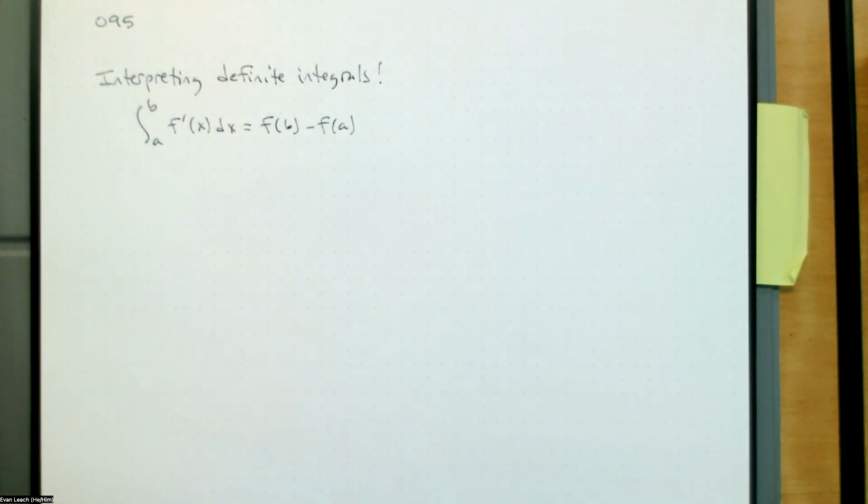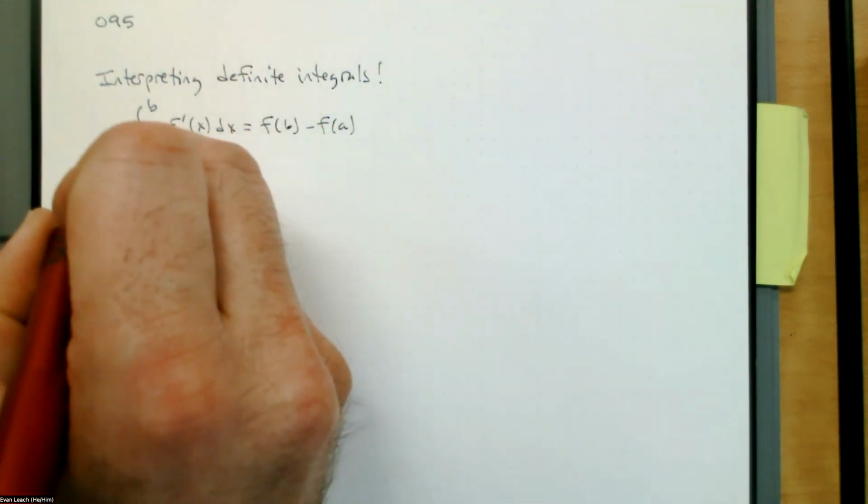So recall, one of the reframes that we had for the fundamental theorem of calculus was to say that the definite integral from a to b of f prime of x is f at b minus f at a. The definite integral of a rate of change of a function on an interval is how much the function changes on that interval.